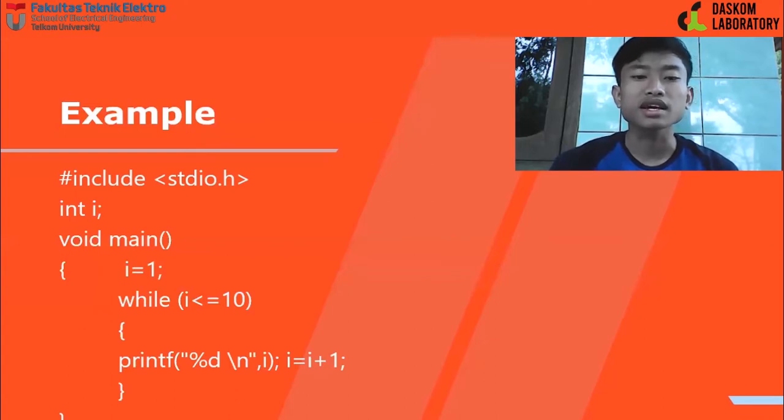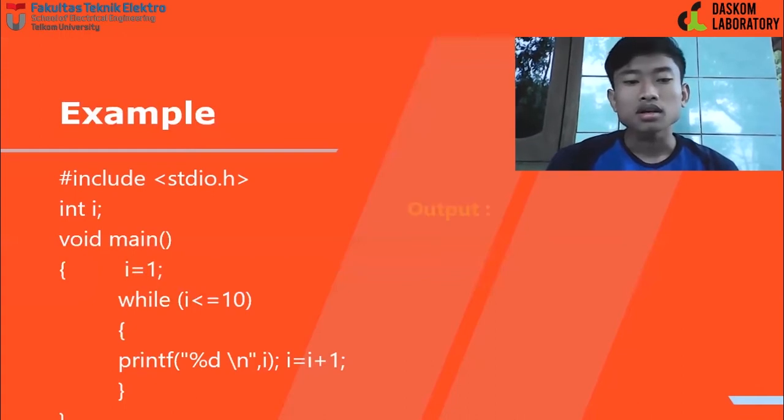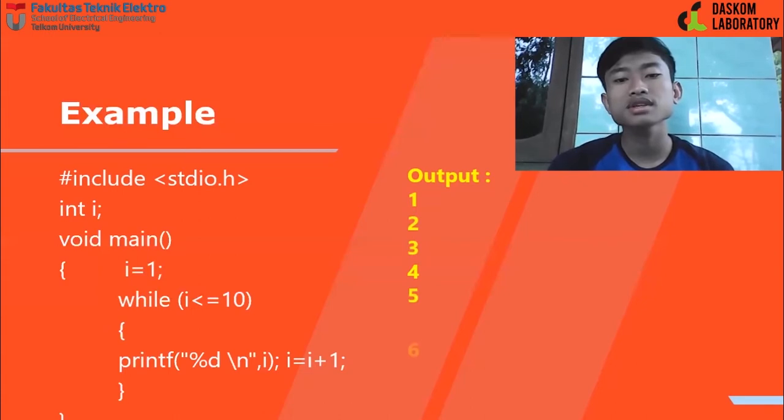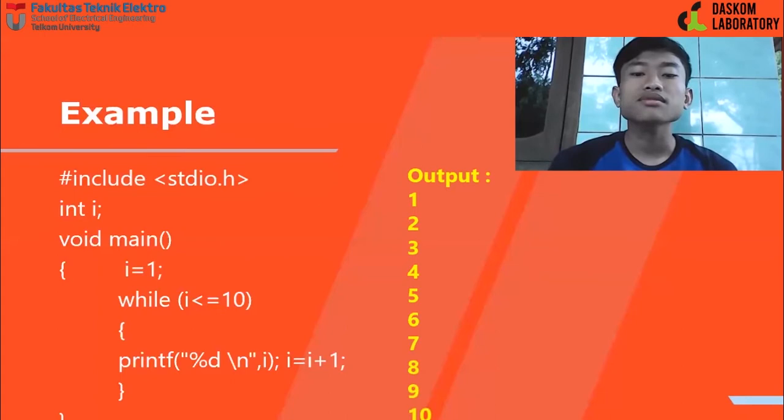And this repeats again and again until the condition is false, such as 11. 11 is not less than 10. So when I is 11, the program will stop. The output of this simple program is 1, 2, 3, 4, 5, 6, 7, 8, 9, and 10. After 10, the program will stop because 11 is not less than 10.